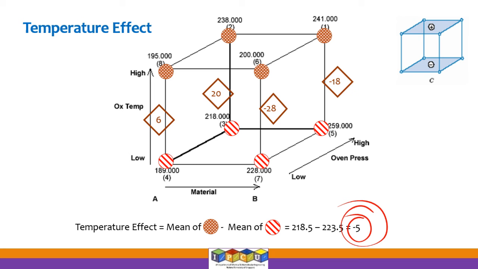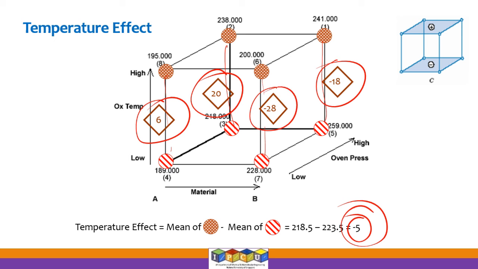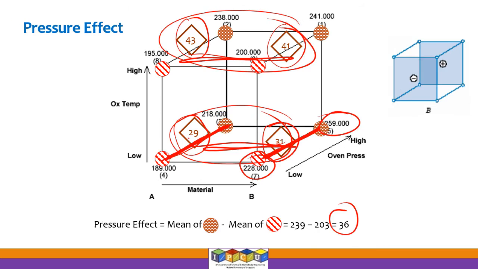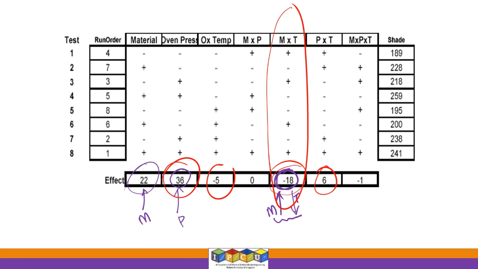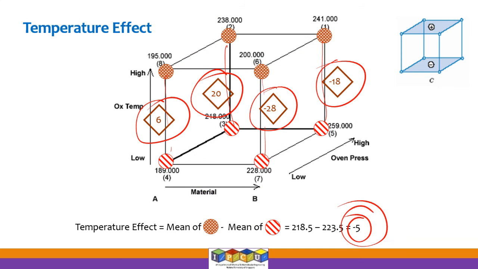Or you take the differences between paired experiments where only the oxidation temperature is different, and you get the numbers indicated within these quadrilaterals. If you take the average of those 4 numbers, you will get minus 5. That is the temperature effect we also calculated from the table, so all of these give you the same answers.